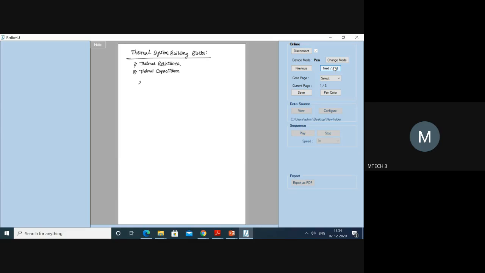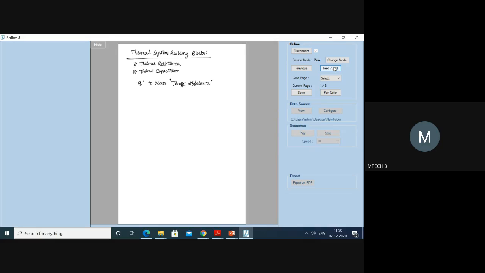For Q to occur, a temperature difference should be there. If there is something which is going to oppose this heat flow, that is called thermal resistance. So heat flow is going to be affected by what is called thermal resistance. Simple.